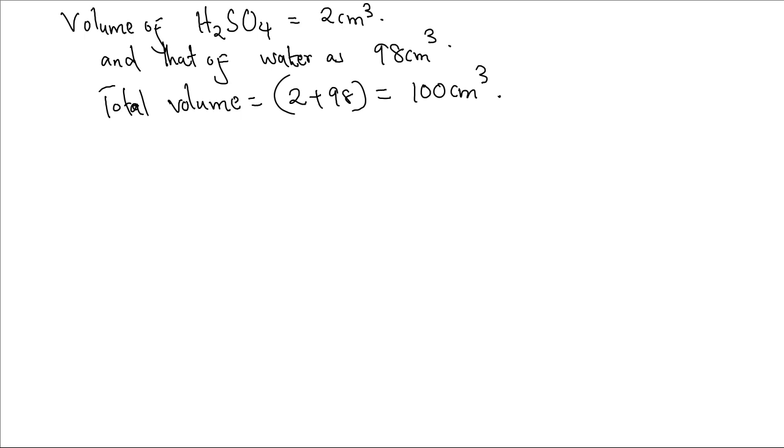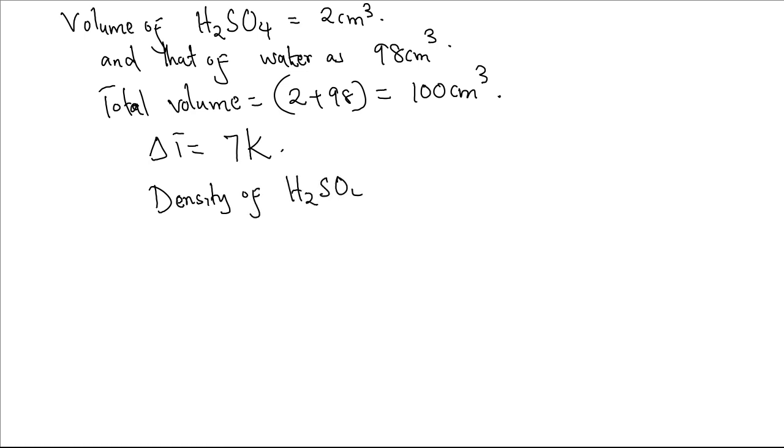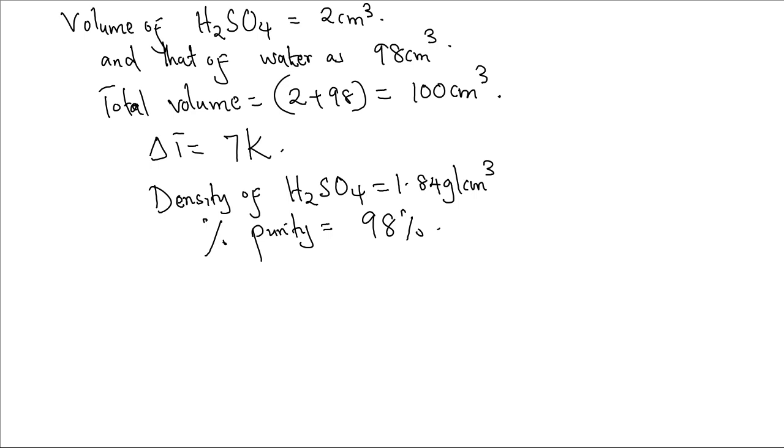Let us use this information of delta T also as 7 Kelvin, density of sulfuric acid as 1.84 grams per cubic centimeter, percentage purity 98%.